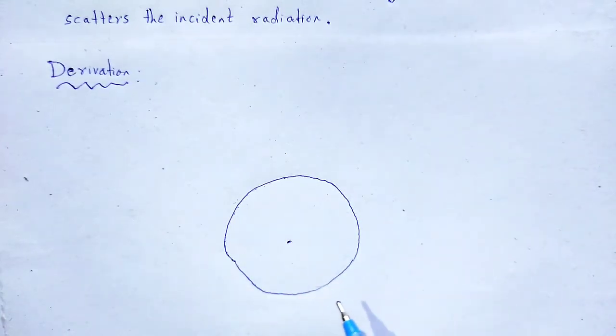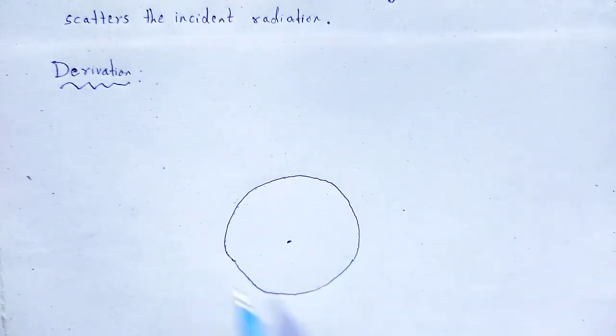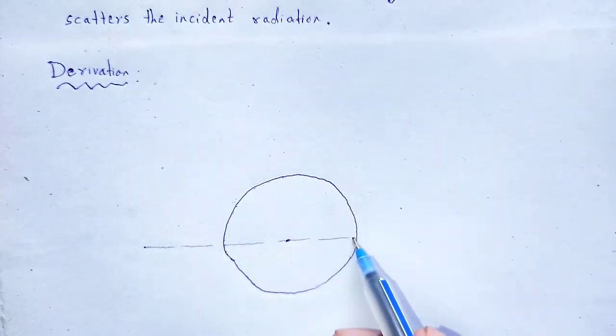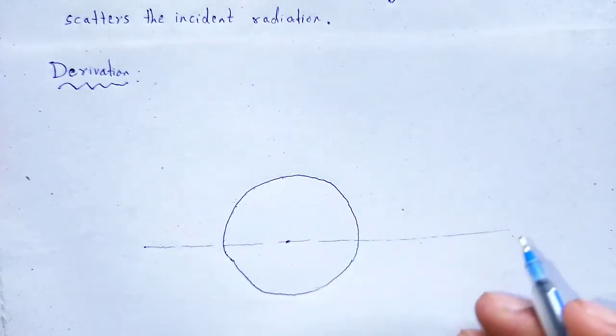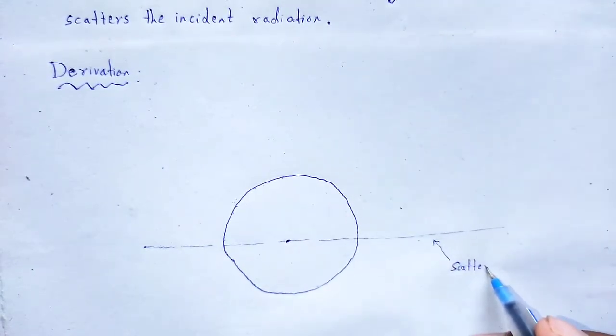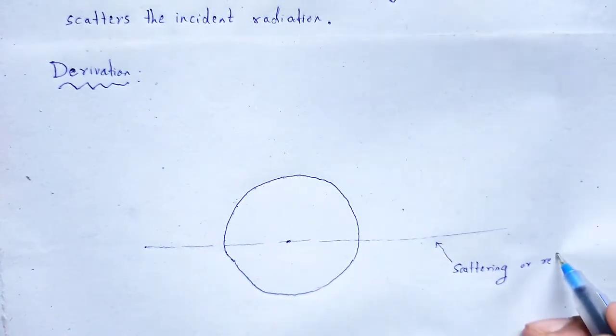In the atom, the incident and reflected wave normals are at equal angles, the scattering plane or reflecting plane.